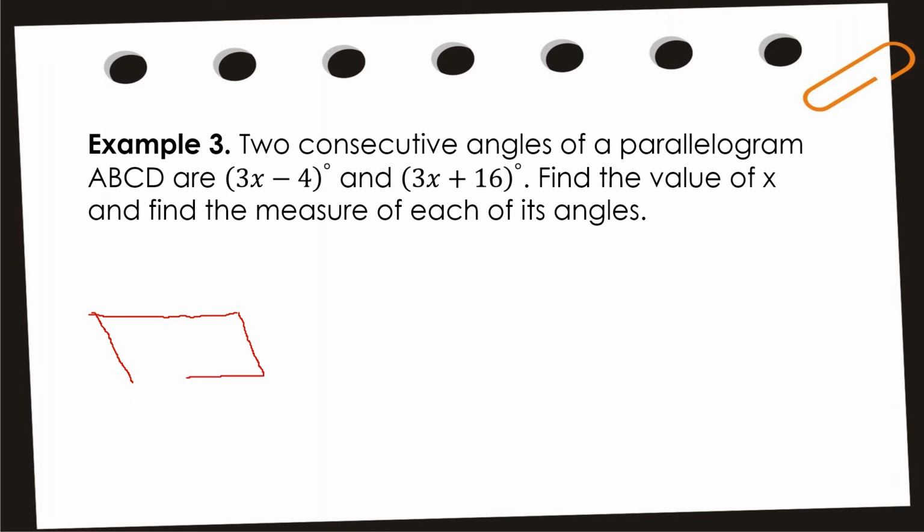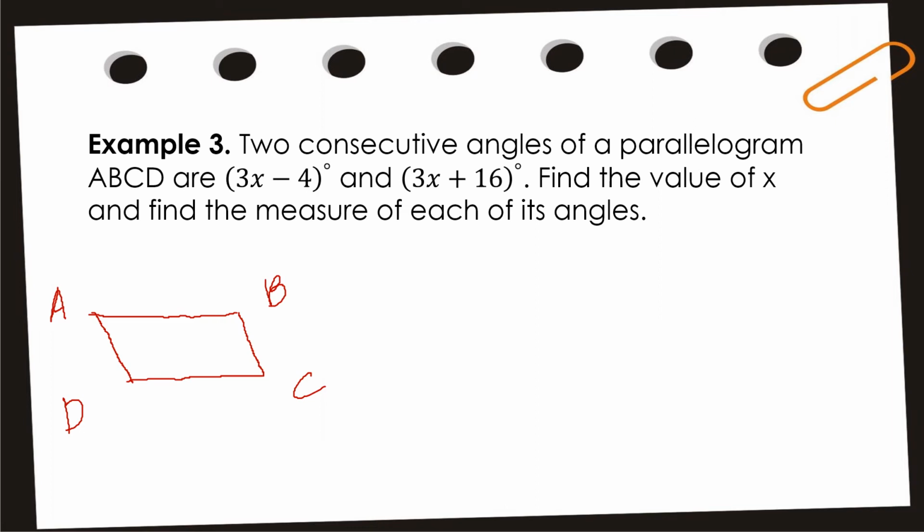So say for example, this is parallelogram ABCD. According to the problem, two consecutive angles are 3x minus 4 degrees and 3x plus 16 degrees.